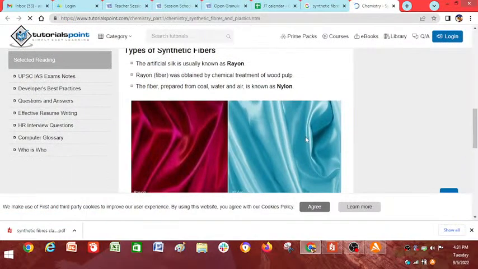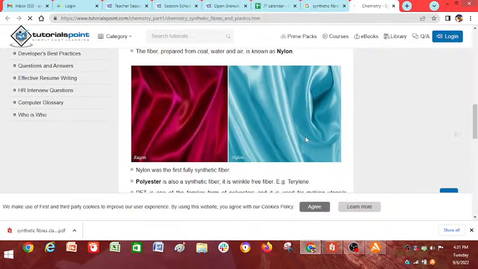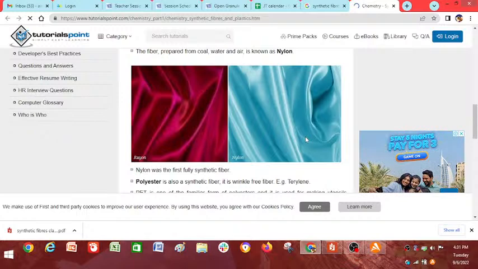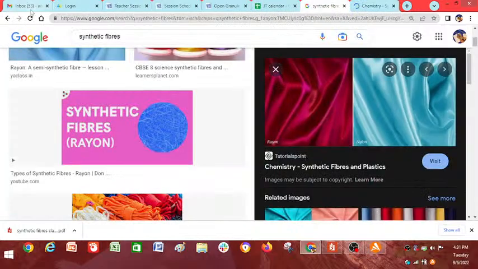They are artificial silk, and they are usually known as rayon or nylon. Okay, and you can see one thing, that it won't get any kind of wrinkles over there. Okay, so चलिए हमने नायलॉन देख लिया.